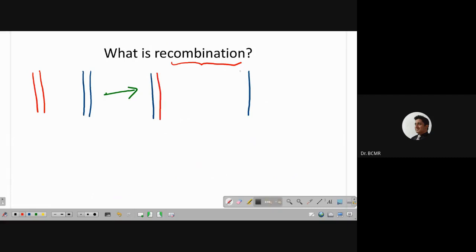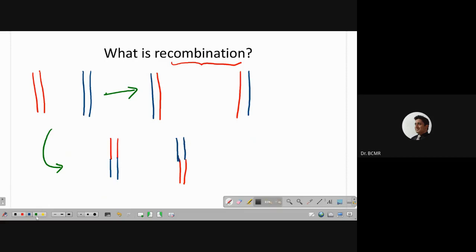Okay, the strands have been exchanged. That is one type of recombination. There is also another way of recombination, that is mixing of pieces. Something like this is formation of two new DNA molecules. This is also another type of recombination.